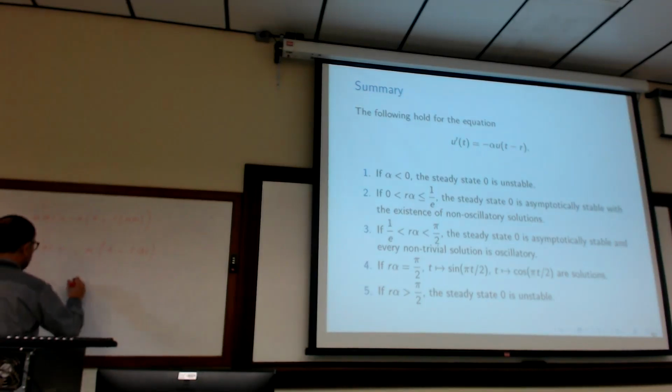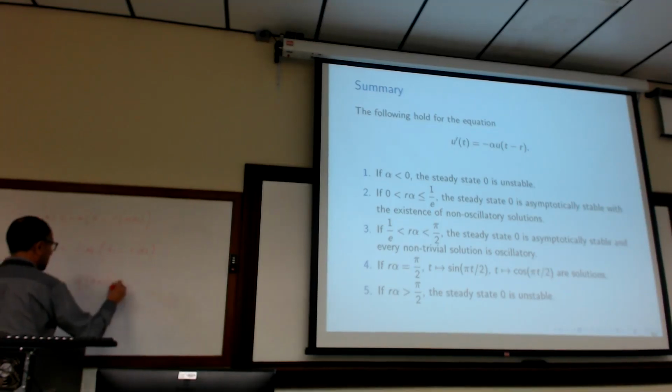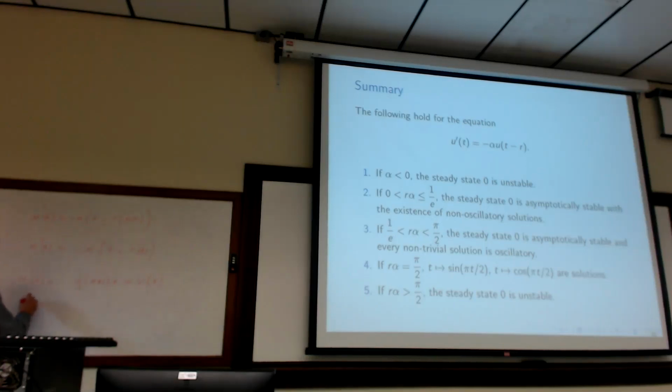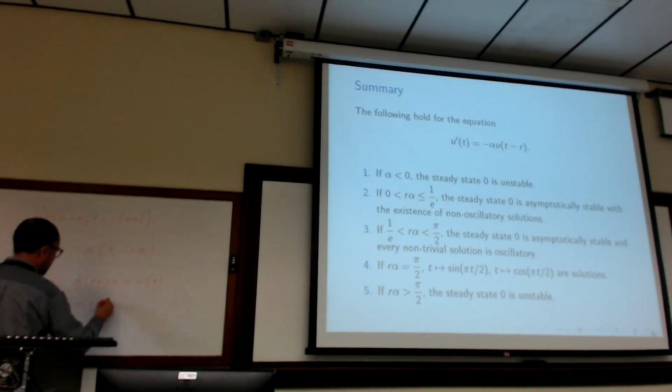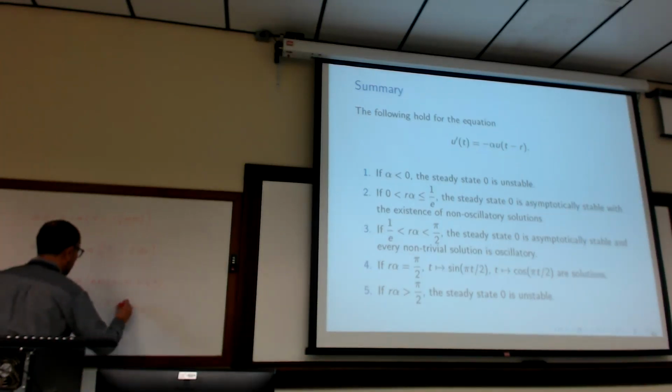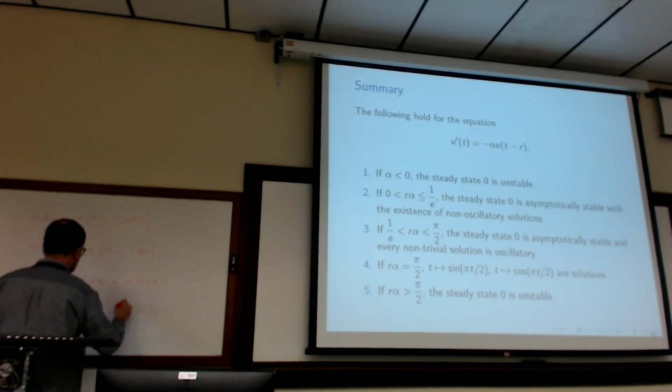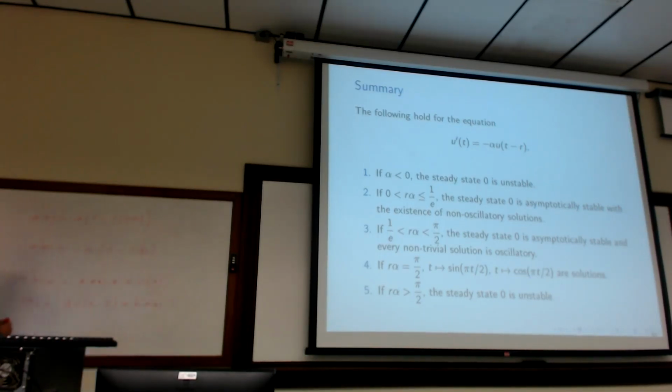It's a general system. You have G of U, minus, here I will put alpha A, plus.